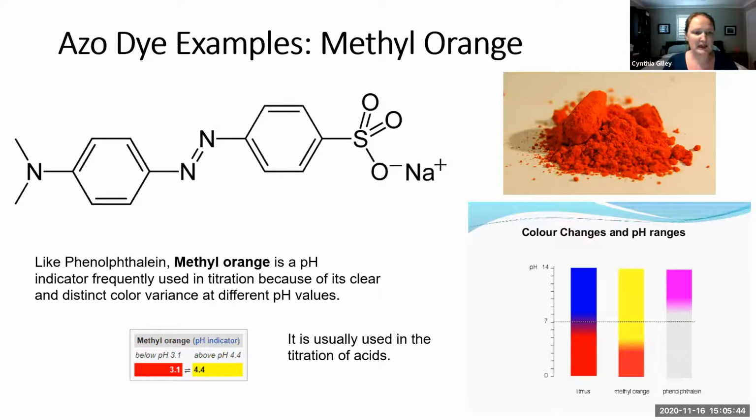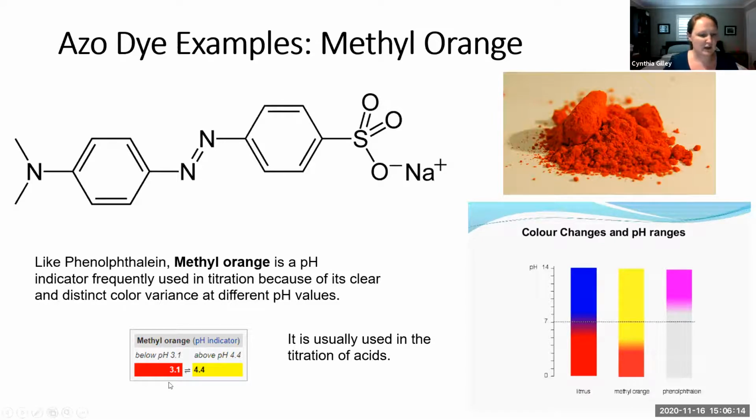Methyl orange is used as a pH indicator in titrations, just like you may have used phenolphthalein when you were in general chemistry. It's used because it has a clear and distinct color difference when it is protonated versus not protonated. Right? So for example, if we get down to an acidic enough pH, this will become protonated and the color of the compound actually changes.